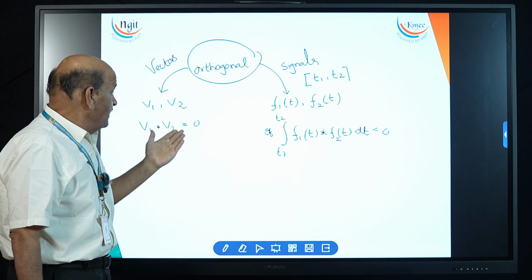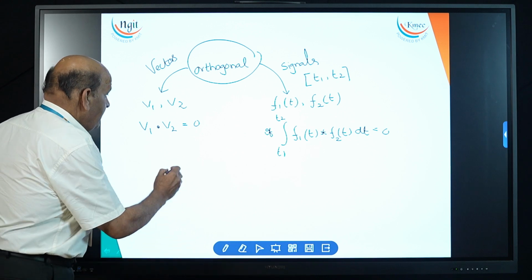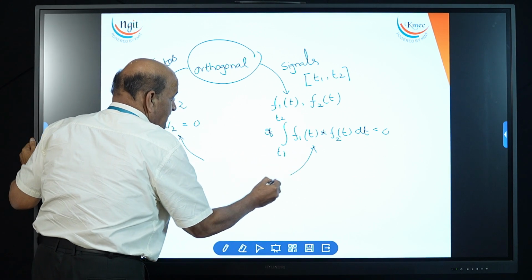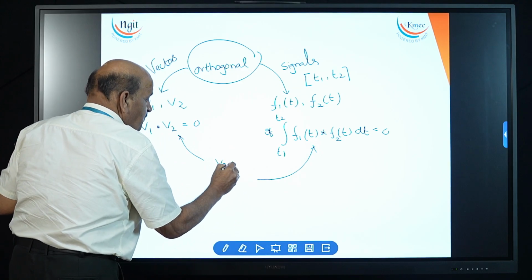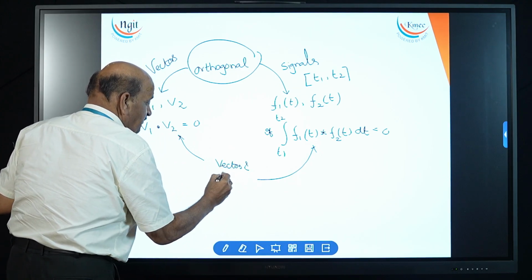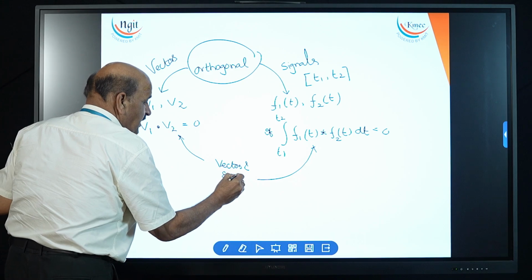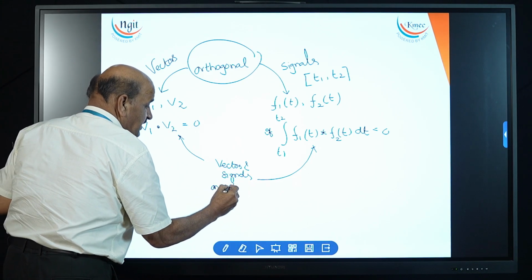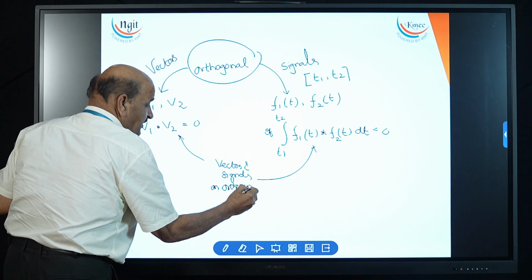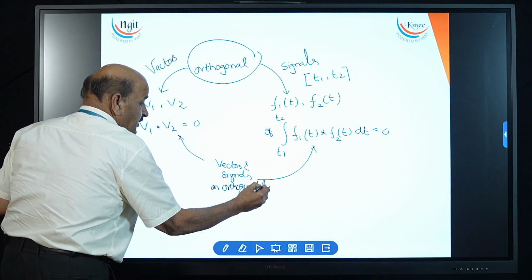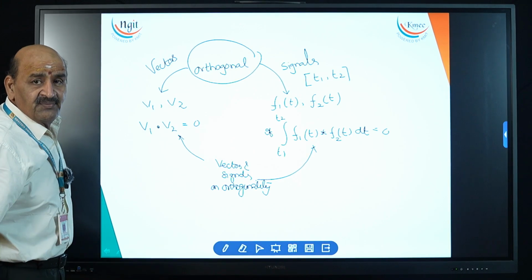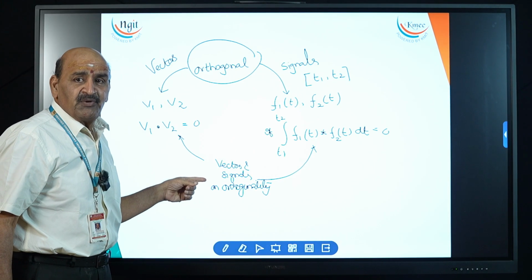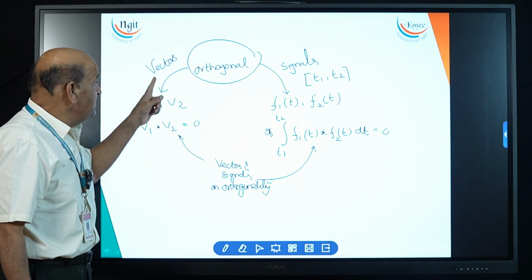Now, taking this concept and this concept, vectors and signals, these two are analogous on the basis of orthogonality. Therefore, the orthogonality principle is very important in this concept.